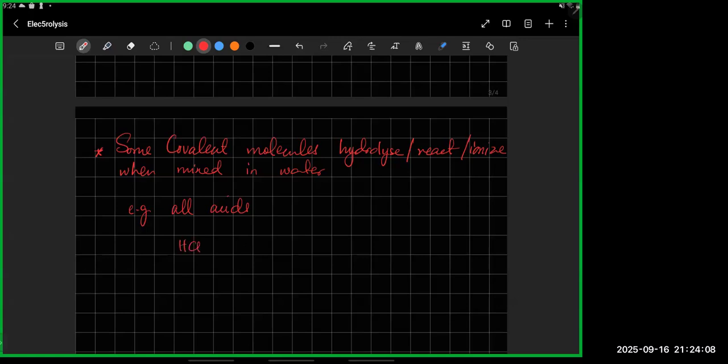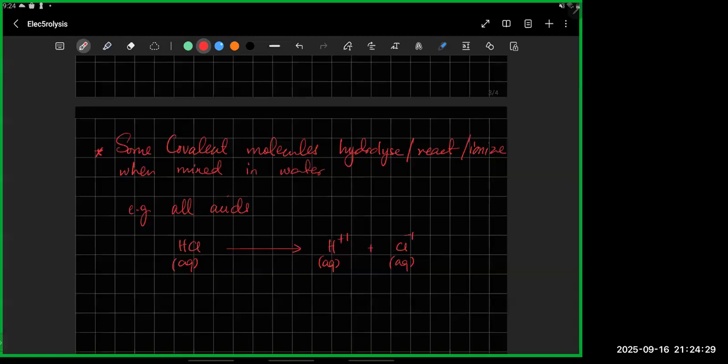Now, HCl is a perfectly covalent molecule. In its normal state it is a gas. But when you turn it aqueous, when you mix it in water, it breaks down. It produces an H+ ion and a Cl- ion.